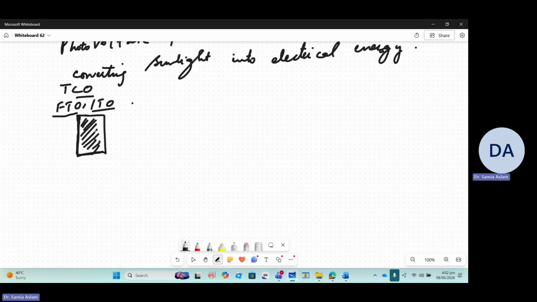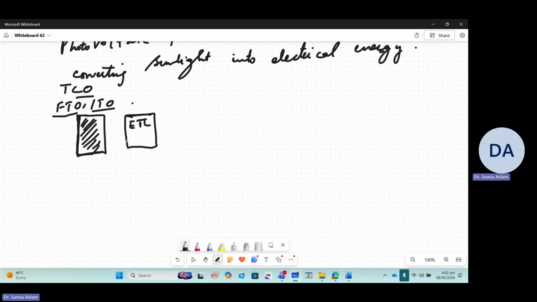Upon that conducting oxide, what do we deposit further? We coat it with another layer, which is known as ETL, the electron transport layer. The function of this layer is basically to transport those electrons which have been generated by the light absorber when it absorbs the sunlight.